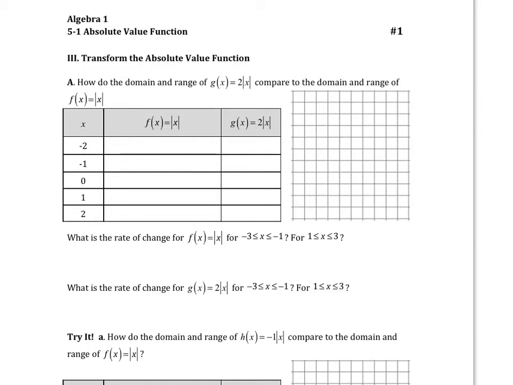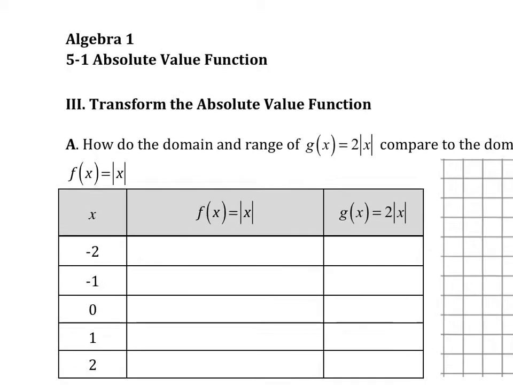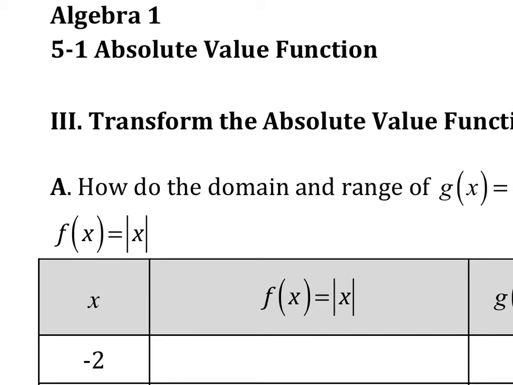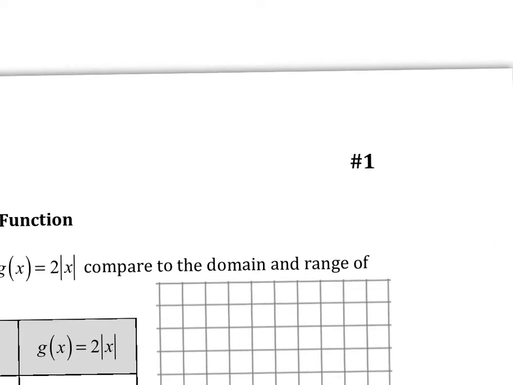Now we're going to do a little bit of changing up. The idea of making changes to a graph: we can stretch it, we can shift it. So you don't have to draw this, but if I had a graph right here, and let's just pretend that I had a function that looked like this, I could take this V and I could move it around.